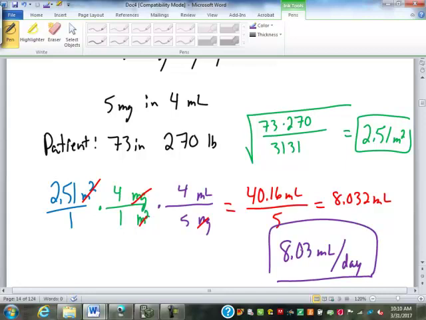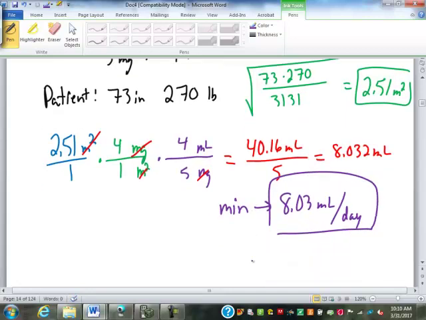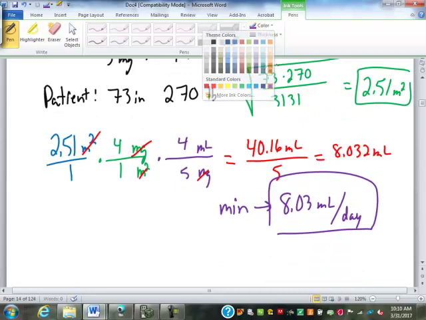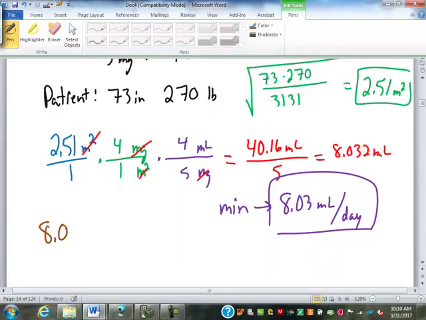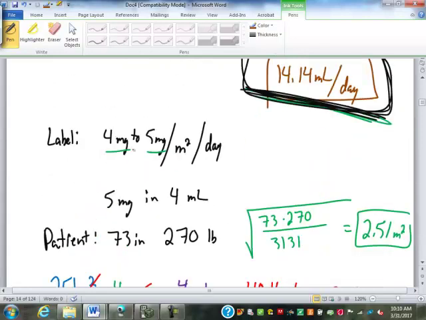Now remember, that is the minimum this time because I used the smaller of the two numbers. To find the maximum, I'd use a titration. I'm going to take the 8.03 and just multiply by the fraction this time. The number I used was the 4 milligrams per day. I want to convert it to the 5 milligrams per day.